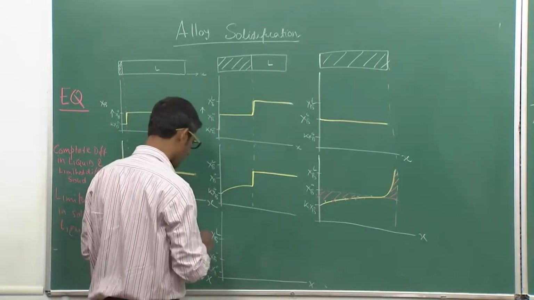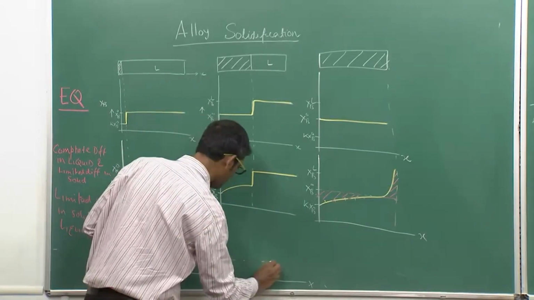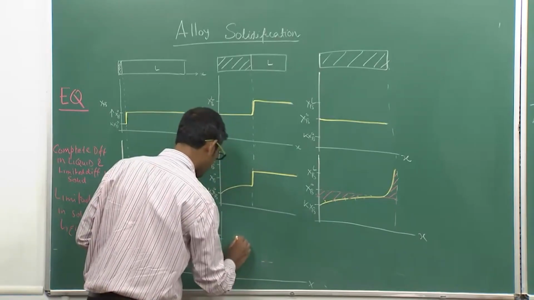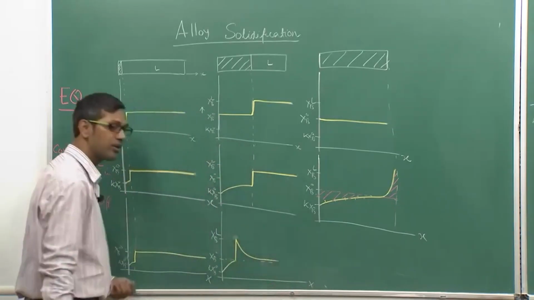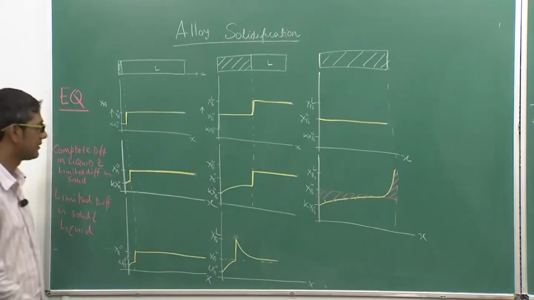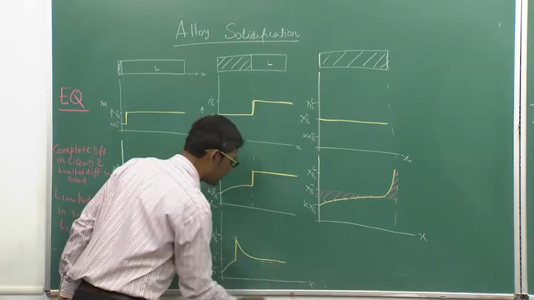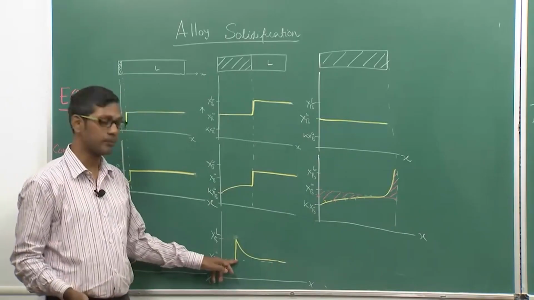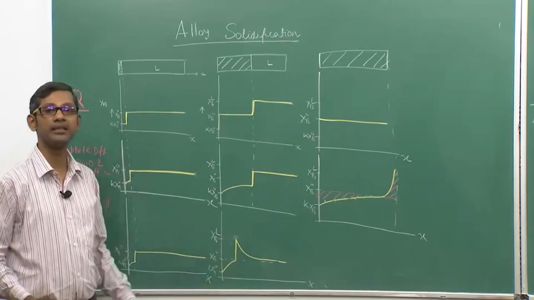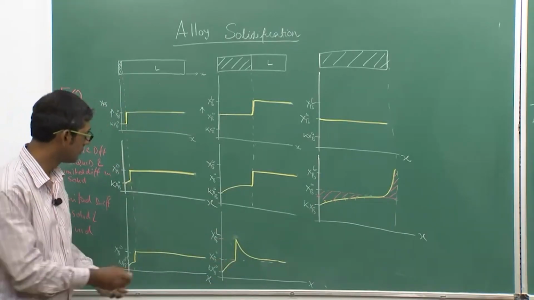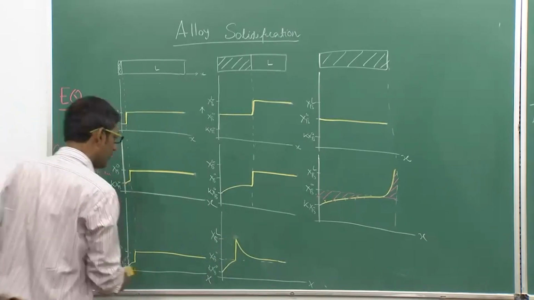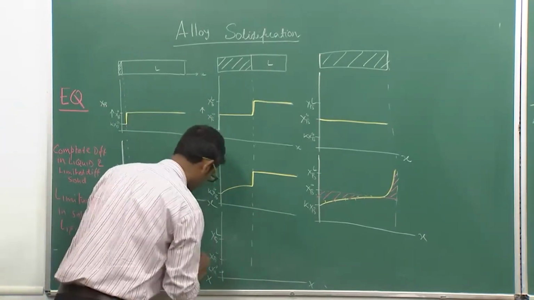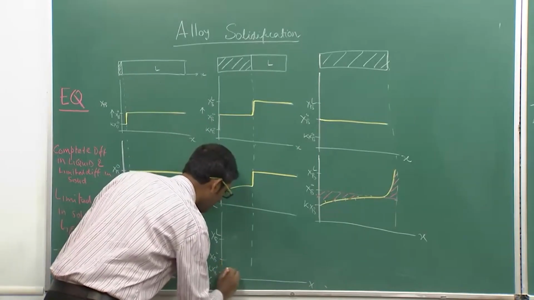So how it will look like? It will be like this, then there will be spike, because in the liquid there is limited diffusion in the liquid. So, whatever solute is getting rejected in the liquid will be piled up at the interface. Oh sorry, we have drawn the interface a little behind, it should be a little ahead, interface is here, right. The nature of the curve will remain same.